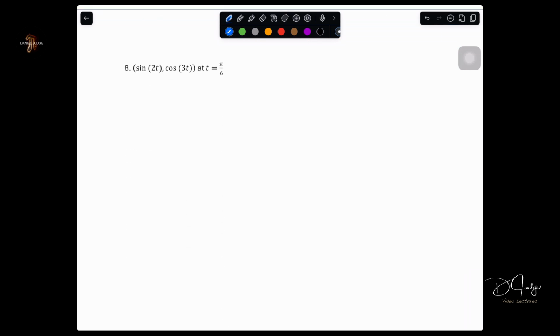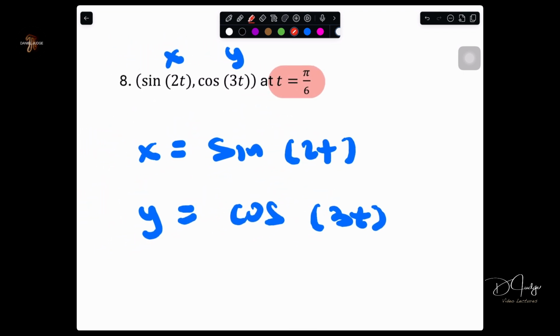Number 8, you have your x coordinate and your y coordinate where x is sine 2t, y is cosine of 3t, and in this example, the parameter value for t is pi over 6.